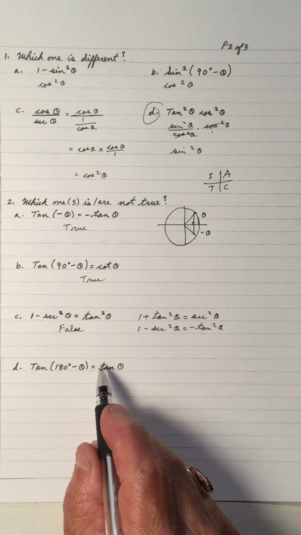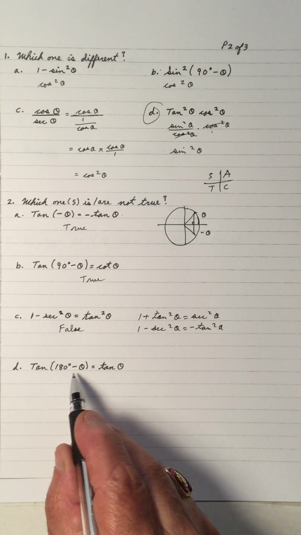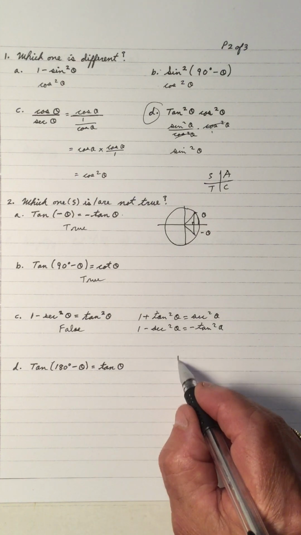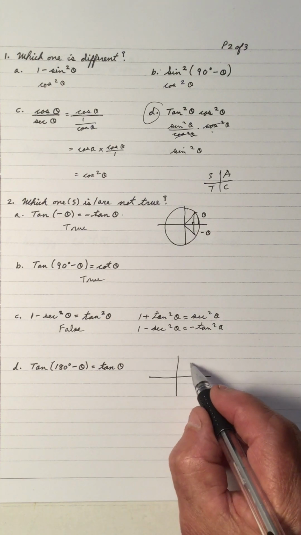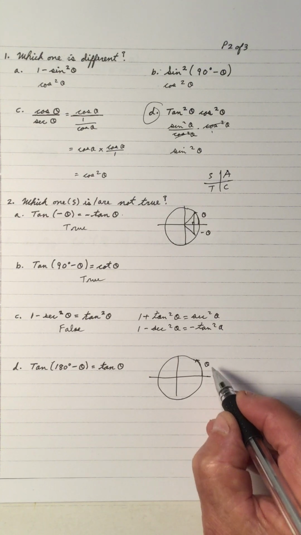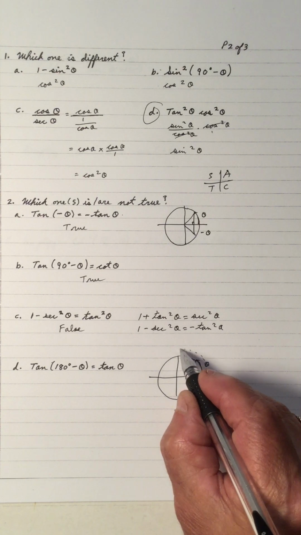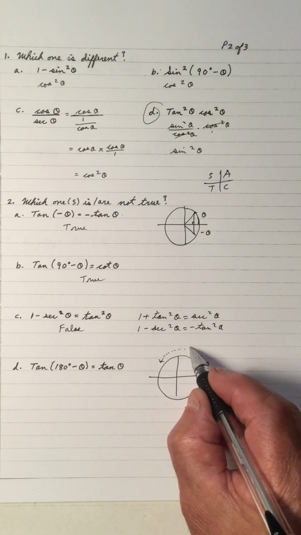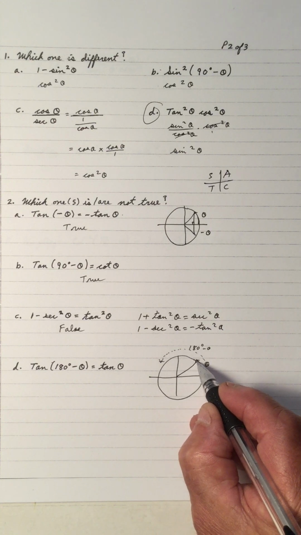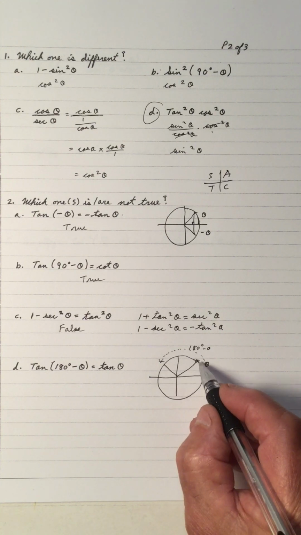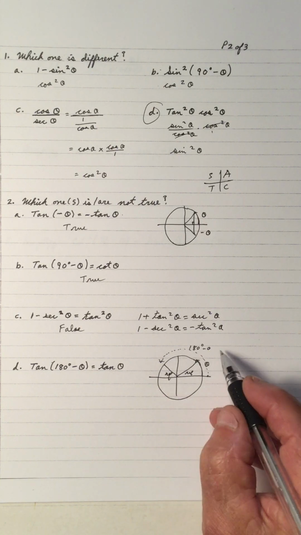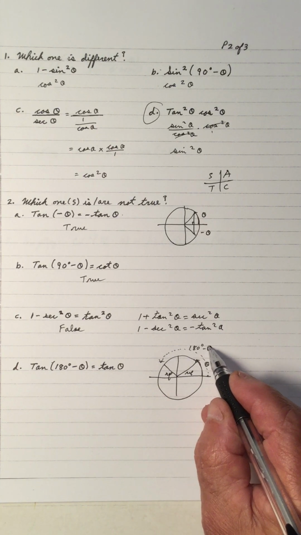And what about D? The tan of 180 minus theta is equal to tan theta. So again, let's look at theta, which is right here, and go all the way around. 180 minus theta is right here. So there's the terminal arm, there's the terminal arm, and they both have the same reference angle, theta there.